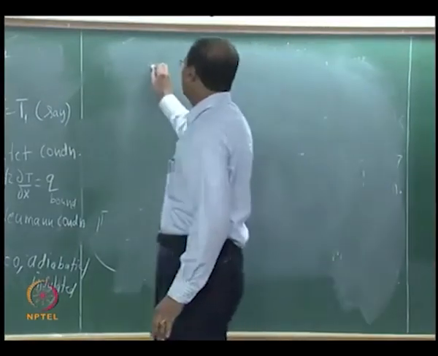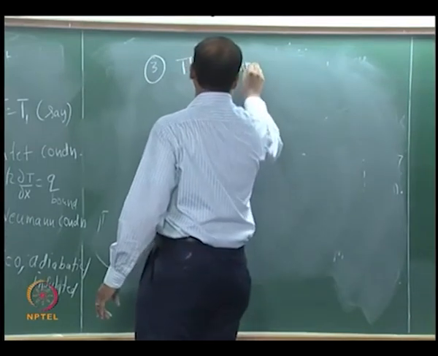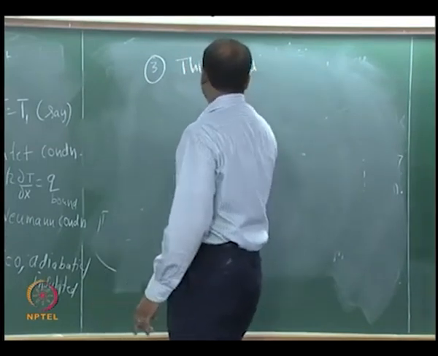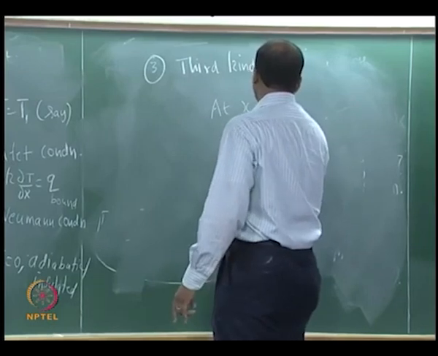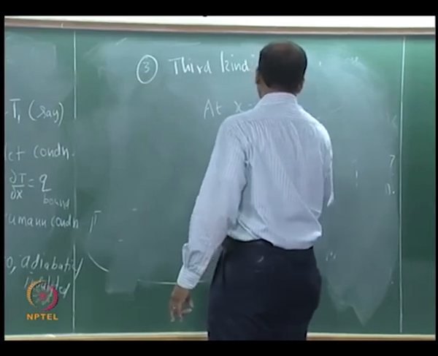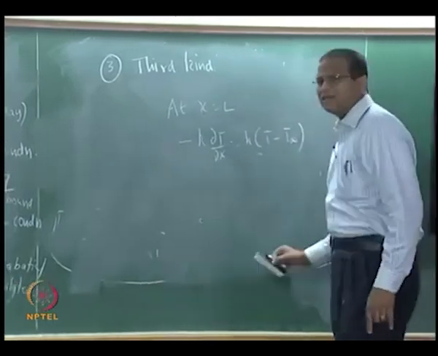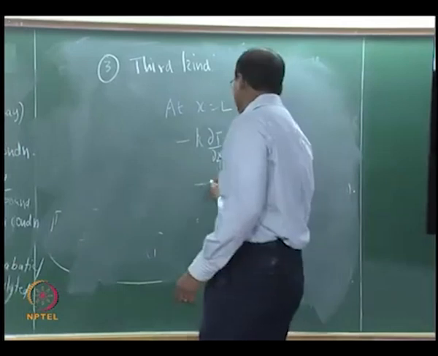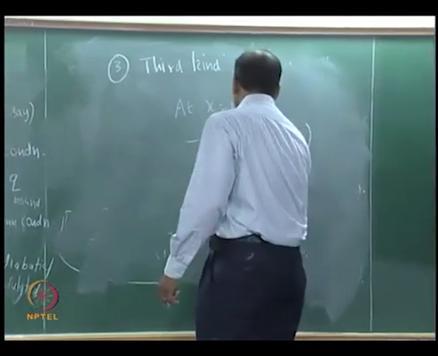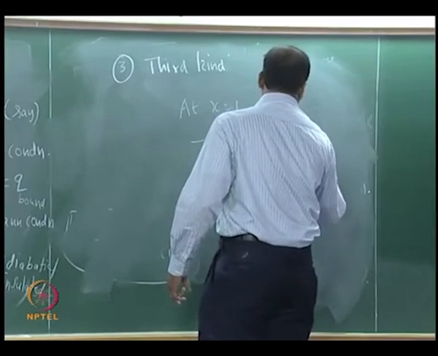So, the third will be the third kind, where I say at x equal to L, minus k dt by dx equal to h into t minus t infinity. What is this? There is a convection which is taking place at the boundary. Or I can even say minus k dt by dx equal to epsilon a sigma t to the power of 4 minus t infinity to the power of 4.